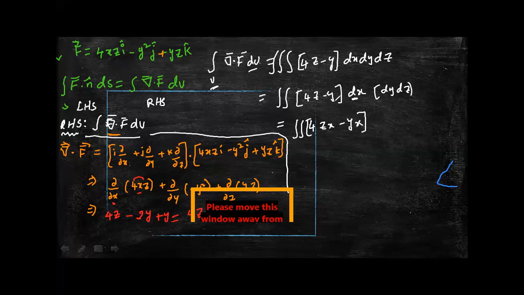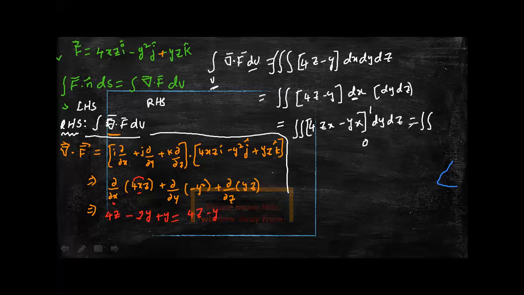Here also y is there, so I got yx. And the 0 to 1 limit I have to apply. Still I have dy dz. So the x value I have to substitute here, and I get 4z minus y, dy dz.